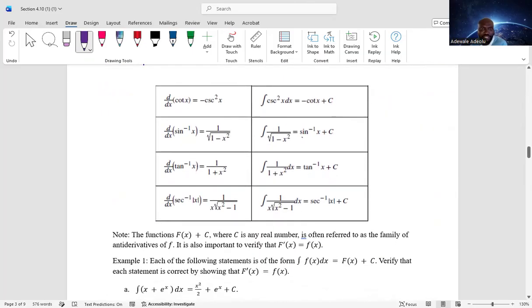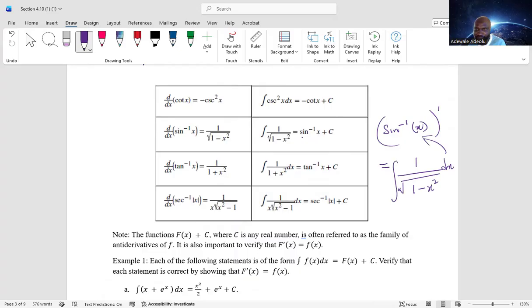Okay, let me also explain some other things about inverse trigonometric functions. You remember that when we learned the derivative of inverse trigonometric functions, we said the derivative of this, do you remember? The derivative of that function is 1 over square root of 1 minus x squared. So, which means if I'm asking you what is the integral of this, you have to tell me that it is sine inverse of x. And also, what about this? 1 over 1 plus x squared dx.